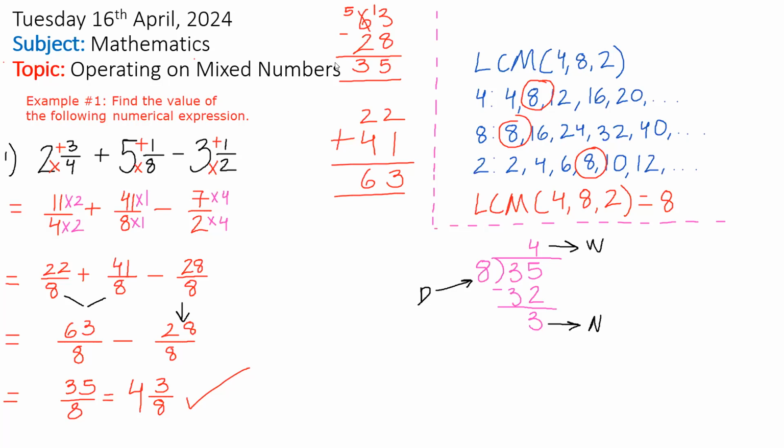And we're going to turn that into a mixed fraction. To do that, we're going to divide 35 by 8. 8 can go into 35 4 times. We're going to keep the denominator as 8, and the remainder is 3. So it'll be 3 over 8.